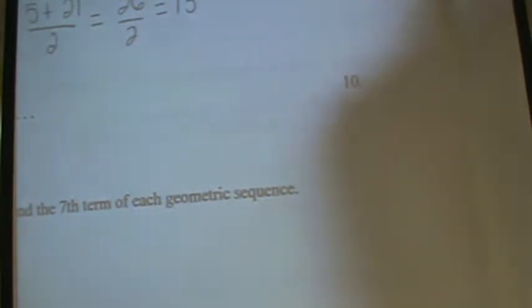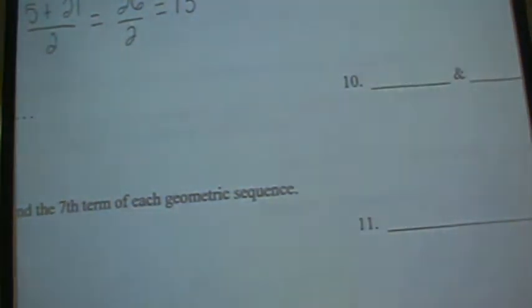So we get 26 divided by 2, which equals 13. So that actually gives us this middle value. So this middle value is 13. So number 9 is 13.